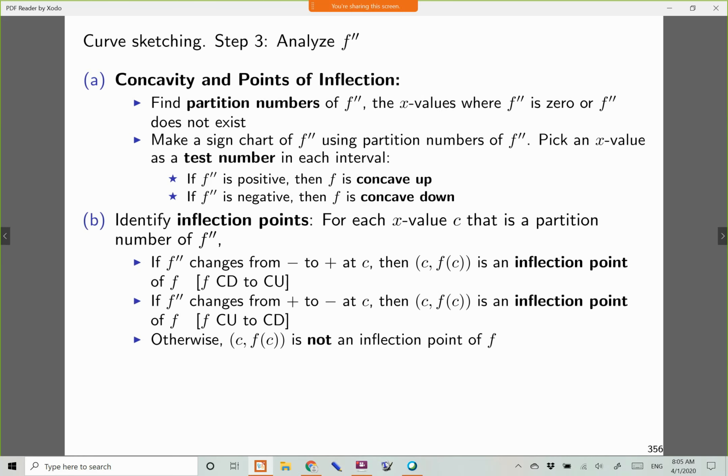The next part, this part B, just like the part B from earlier, has very similar language. This is talking about changes in sign as well. So if f double prime changes from negative to positive, then what happened was that f went from a concave down situation to a concave up situation, which I tried to briefly write about here in the square brackets. So that's where you're going to get an inflection point.